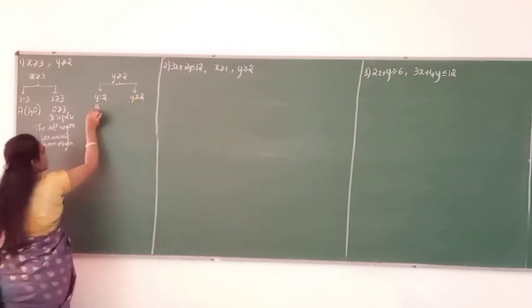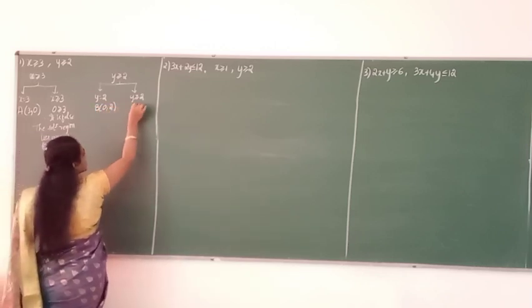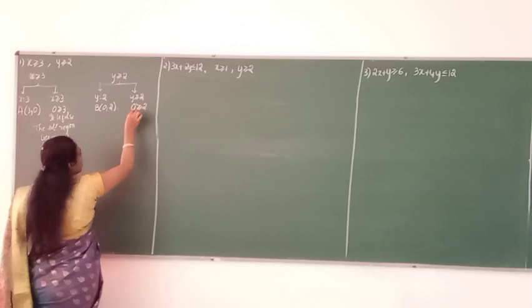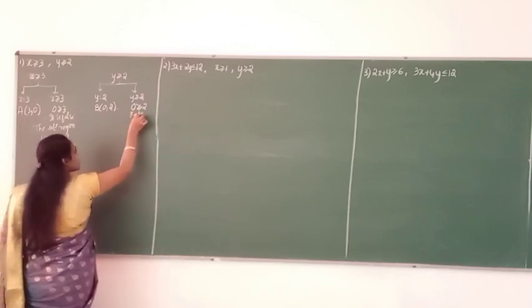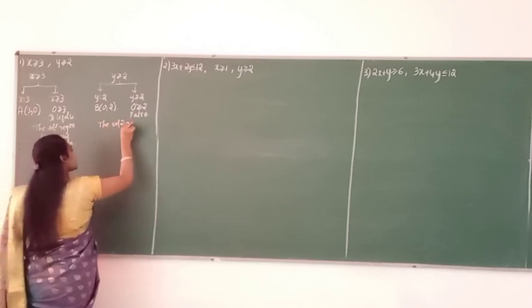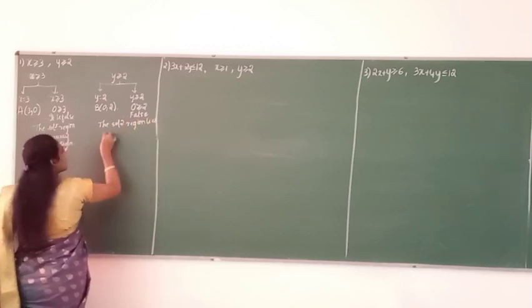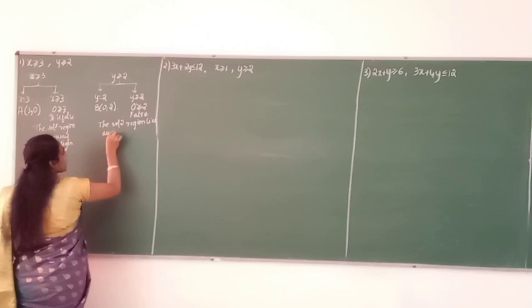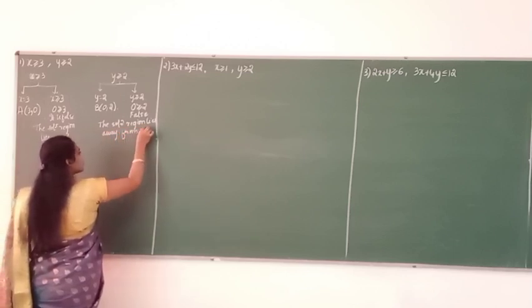So this will be your B coordinate point, which is nothing but 0, 2. And the origin, so 0 is greater than or equal to 2. Obviously it is false. The solution region lies away from the origin.